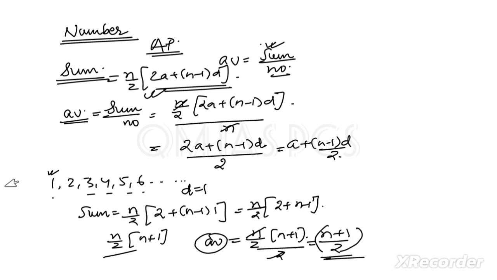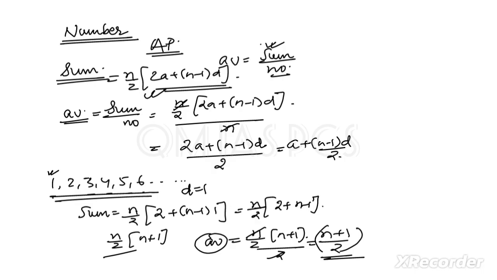So this is our average value, n plus 1 by 2. Whatever number is there, say 6 numbers, and it is asked to find the average value of 6 natural numbers, what will be the answer? Just write n plus 1 by 2.